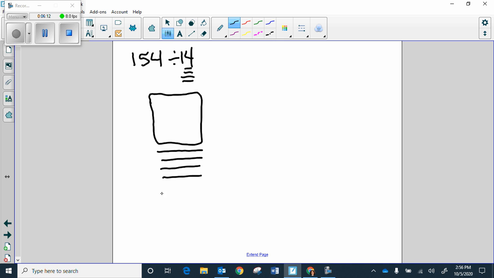Now I have 10 groups of 14, and that is a total of 140. So then I count up from 140 to 150, that's 1 ten. From 150 to 154, that's 4 ones. So I need to have 14 more represented here to get to my dividend of 154.